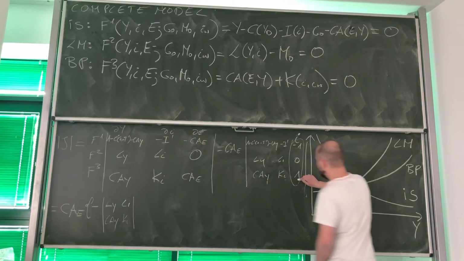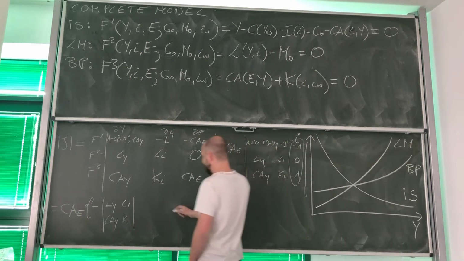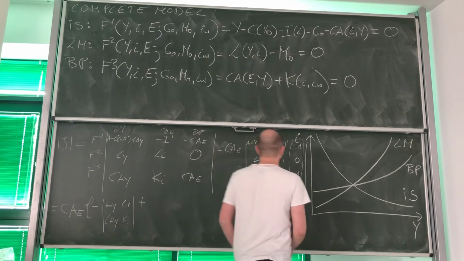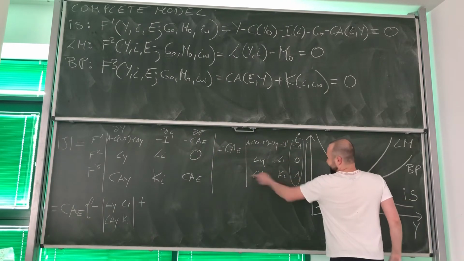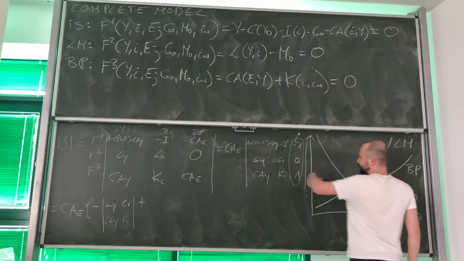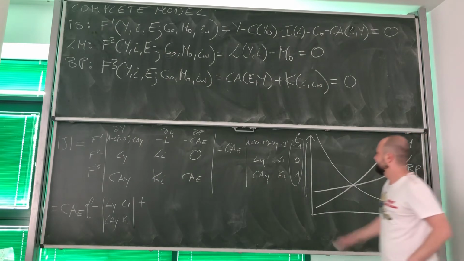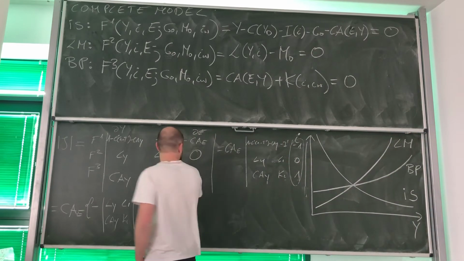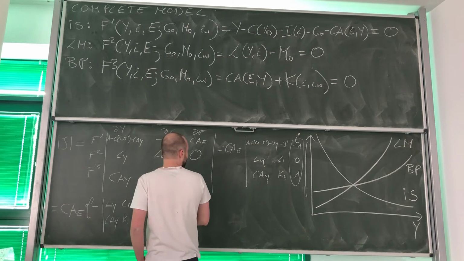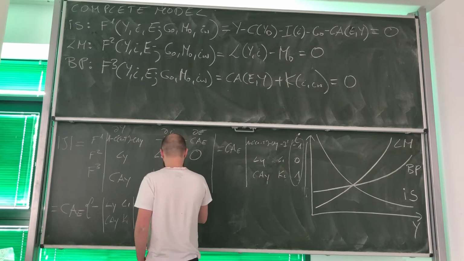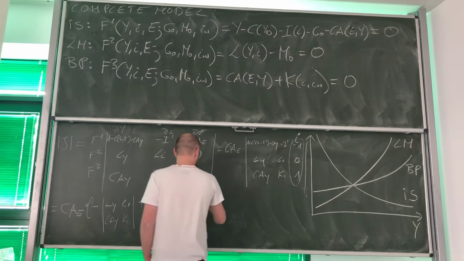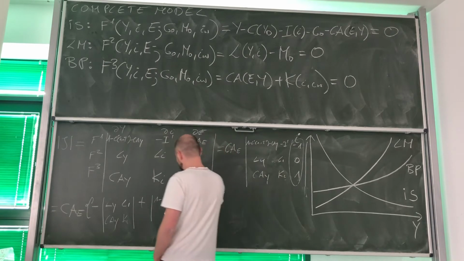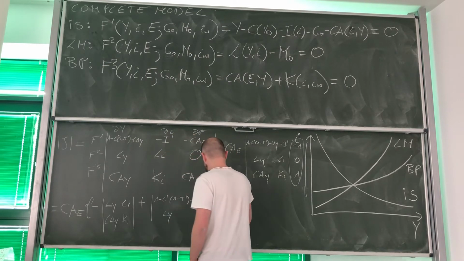Then there is this element, it's just 1. It lies in the third row, third column, so we don't change the sign. And we multiply this by 1 minus C prime (1 minus T prime) minus CA_Y, minus I prime, L_Y, L_I.